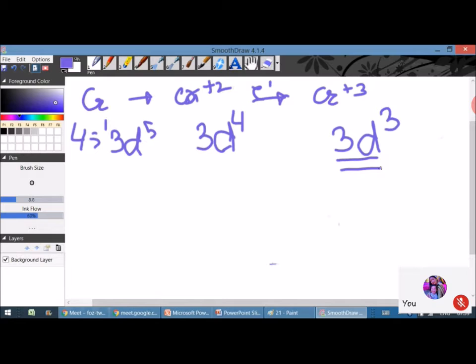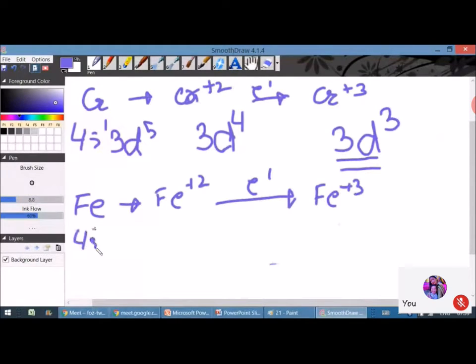Then for iron, Fe plus 2 easily loses an electron and converts to plus 3. Its electronic configuration is 4s2 3d6. When it loses electrons, it becomes 4s0 3d6, and when it again loses 1 electron, 3d5.